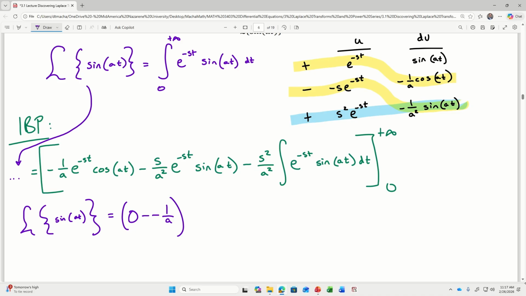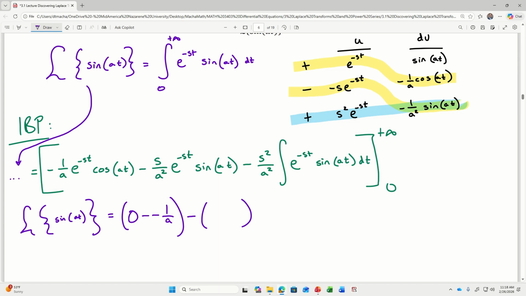For the second term, the one with the sine factor, when t approaches infinity, e to the negative st approaches 0 if we assume s is greater than 0. And if that factor is 0, everything's 0. And then what if I make t equal to 0?